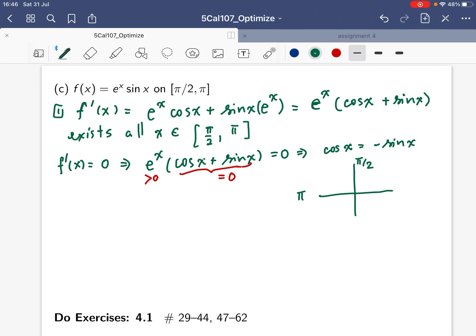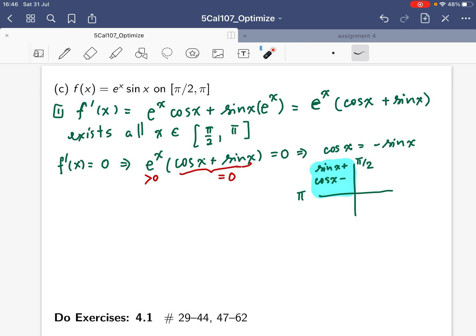On this part, the second quadrant, your sine is positive and your cosine is negative. And when do sine and cosine attain the same value with a different sign? It is the one with pi over 4, right?